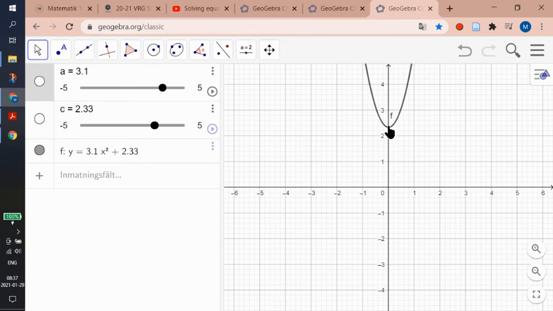It always appears when x is equal to 0. So maybe that is the simplest generalization we can say about the b value: when it equals 0, we get this vertex on the y-axis.